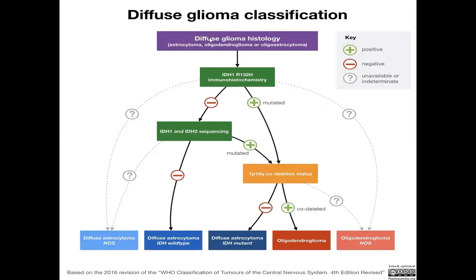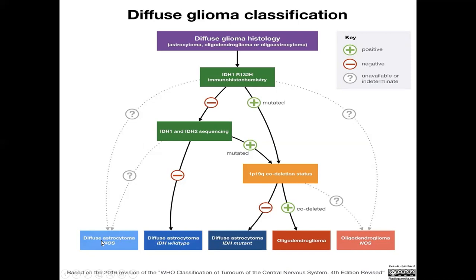In the diffuse astrocytoma classification, if you check the IDH mutation status and it is mutated, and if it is mutated and co-deleted, definitely it is an oligodendroglioma. Mutated but not co-deleted is diffuse astrocytoma. If it is not defined, then it is NOS. If it is not mutated, it is IDH wild type.